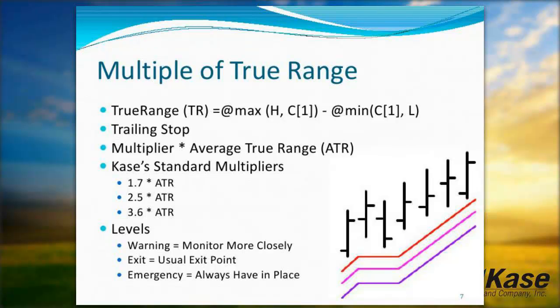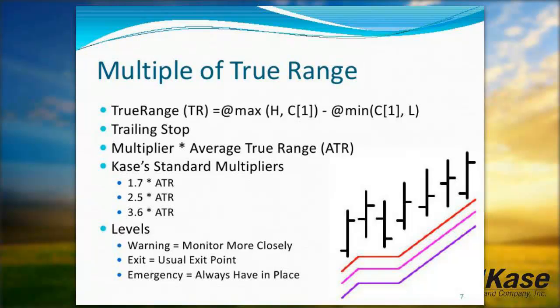The formula is shown here as true range, or TR, is the max of the high or the close of one bar ago minus the min of the close of one bar ago or the low. Some people show this as a more complex formula that has 3 parts to it, but really when you come down to it, this is the very simple formula that you use when you're coding it.